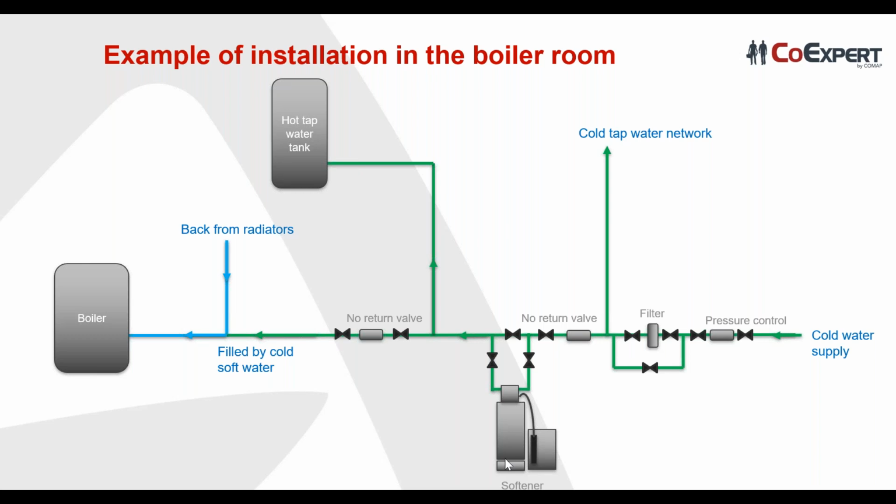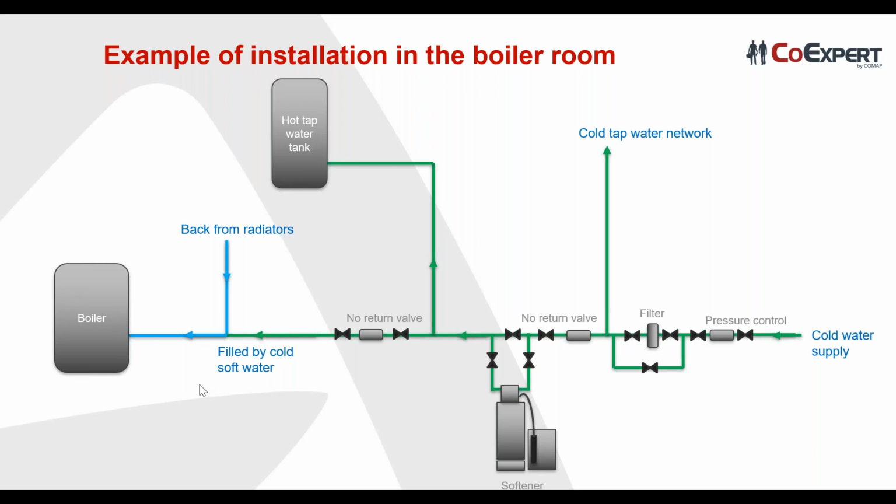The softener provides soft water on one hand for the hot tap water tank in order to produce the hot water, and on the other hand here for the heating network in order to protect the boiler and the pipes.